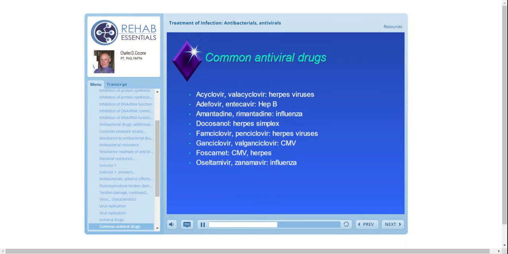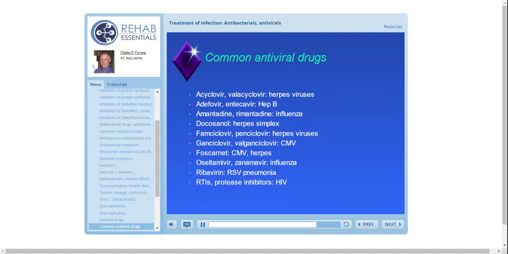Some of the other -vir drugs like oseltamivir and zanamivir for influenza type A, ribavirin for respiratory syncytial virus pneumonia, very important virus often in newborns, and finally the reverse transcriptase and protease inhibitors and a few other newer drugs that we find helpful for controlling the proliferation of HIV, human immunodeficiency virus.